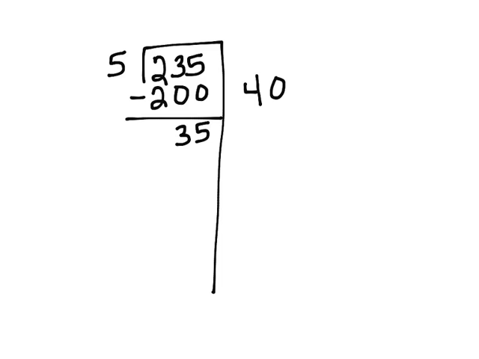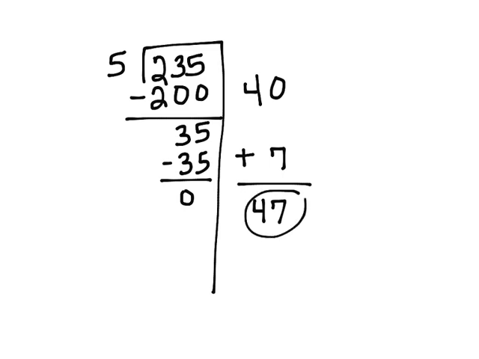Now I ask myself, I know my 5's times tables, so I know 5 times 7 is 35. Subtract, I get 0. 40 plus 7 is 47. And I can check my answer by taking my quotient, which is 47, and I'm going to multiply it by my divisor of 5. 5 times 7 is 35.